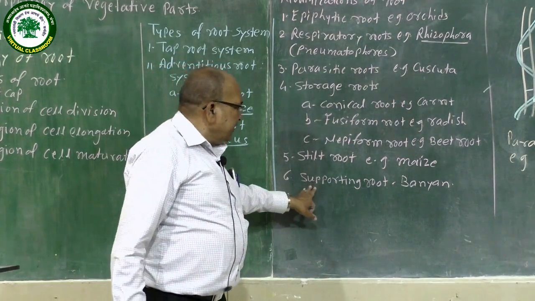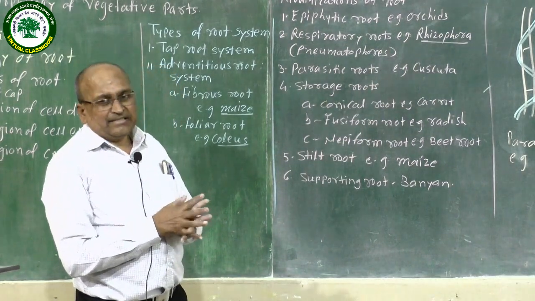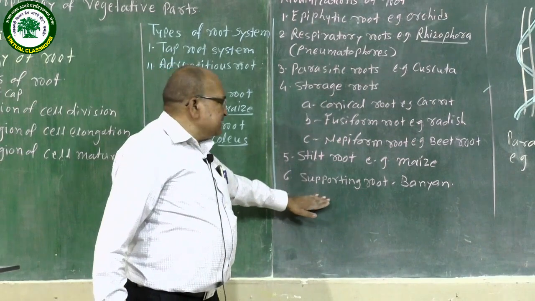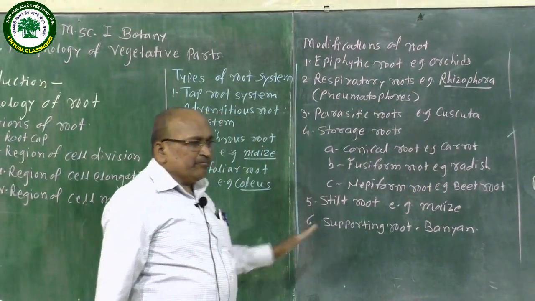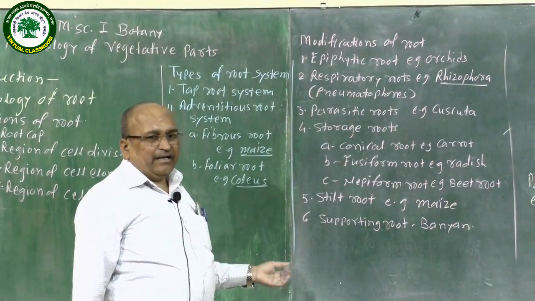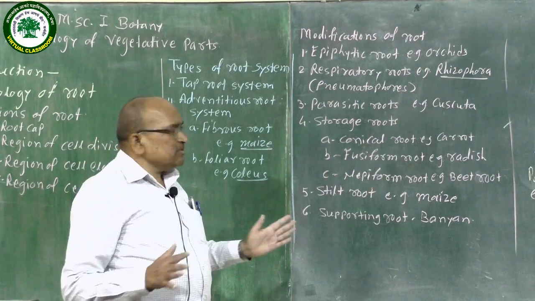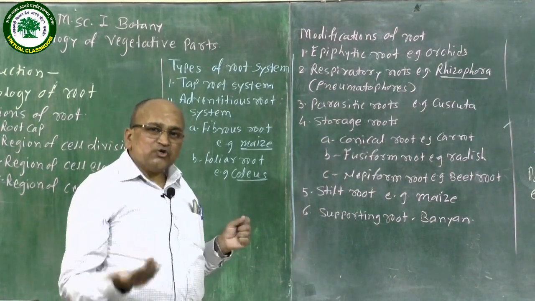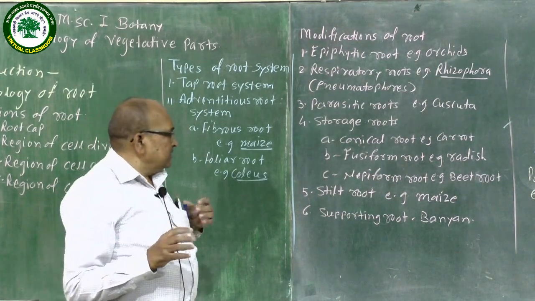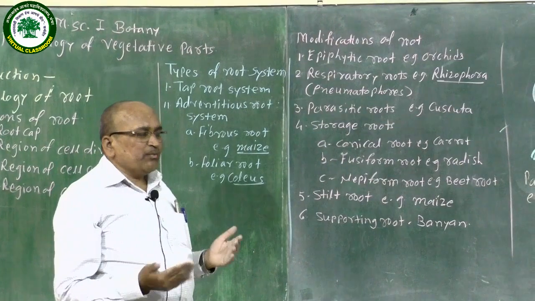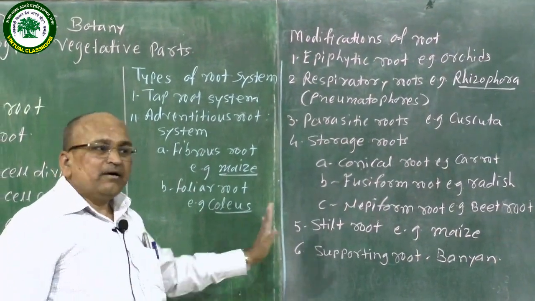नेक्स्ट वन इज द सपोर्टिंग रूट. Example is the banyan, Ficus bengalensis. Banyan tree is a larger tree. After some years this tree becomes larger and the branches also become larger, so the main stem does not give support to the total branches or total canopy of the tree.